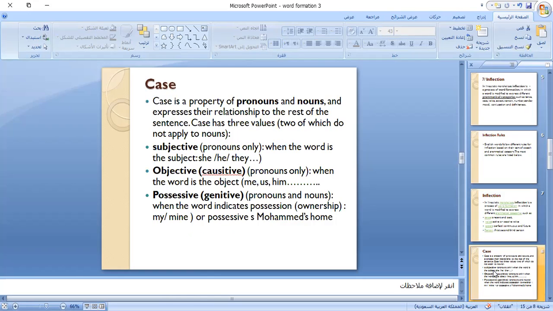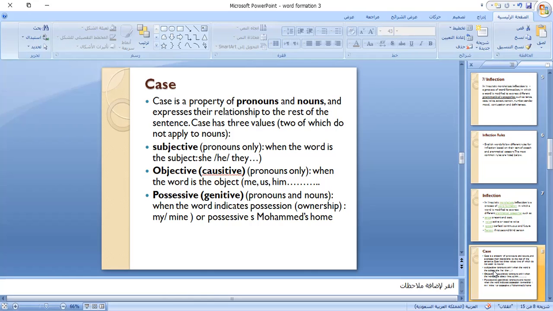Case. What is case? Also, it is an inflectional means of forming new words. Now, a case is a property of pronouns or nouns. Focus here. A case is a property of pronouns and nouns, and it expresses the relation of nouns or pronouns to the rest of the sentence.